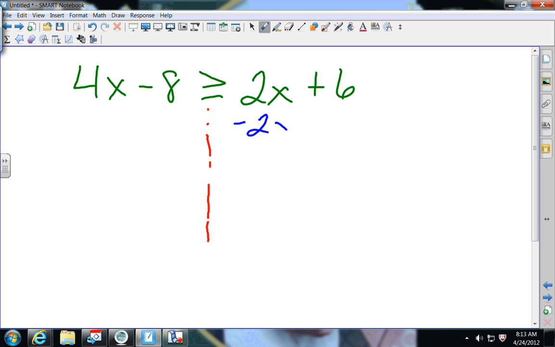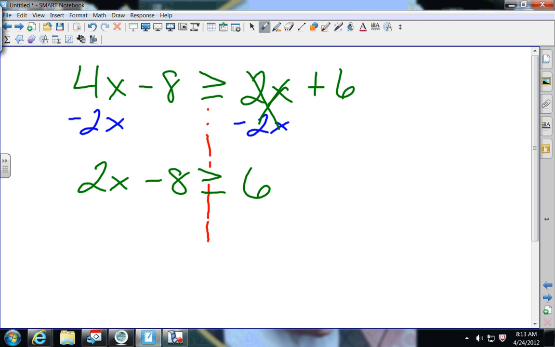I will subtract 2x from each side. And I get 4x minus 2x, which is 2x minus 8 greater than or equal to, these cancel, 6. Well, now what do we do? Add 8 to each side. You should get 2x greater than or equal to 14.